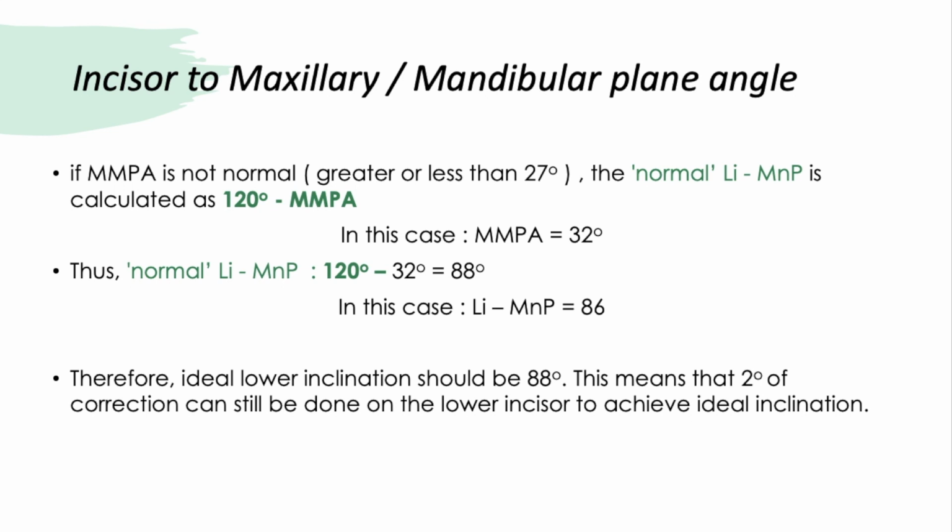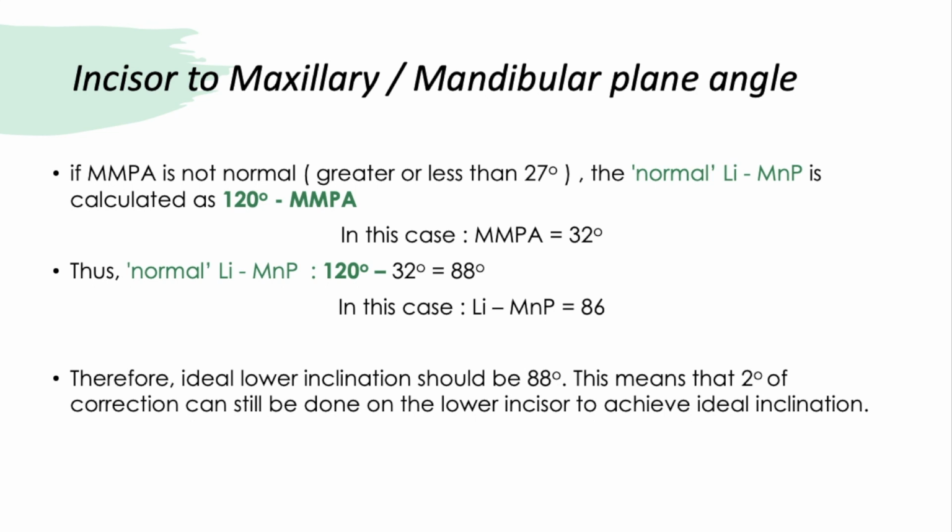However, if the MMPA is not normal, may it be greater or less than 27 degrees, the normal lower incisor mandibular plane angle is calculated as 120 degrees minus the MMPA.